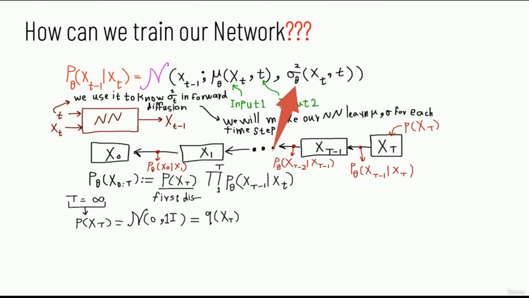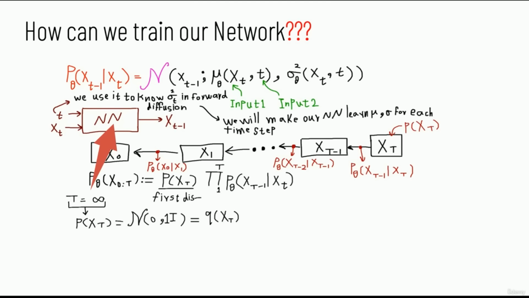And here we pass the time step to our neural network to make it able to realize the level of the noise that we added at this time step. This will help our neural network to realize the noise that we want to remove at this time step.